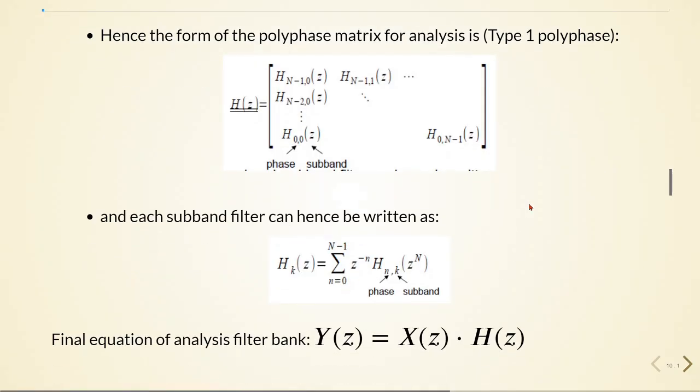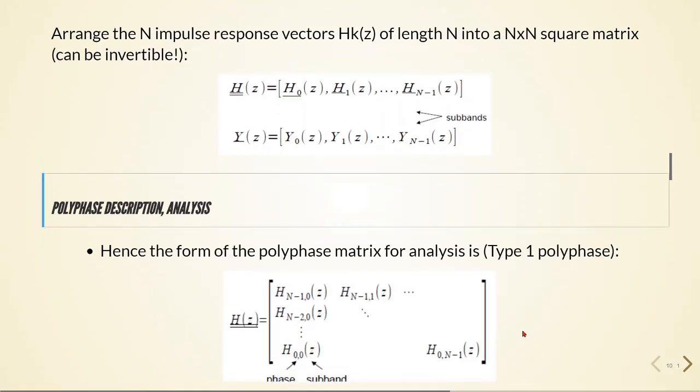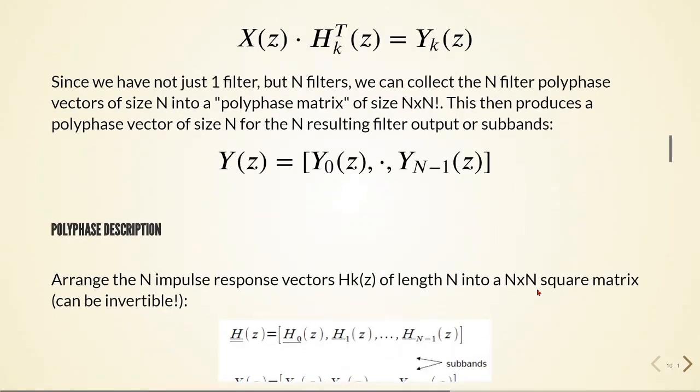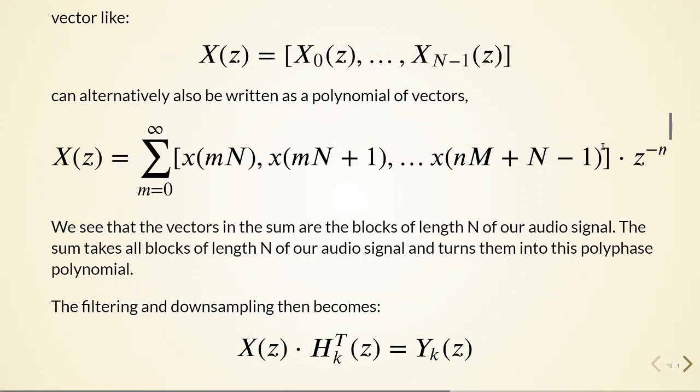So the final equation of the analysis filter bank is Y of z equals X of z times H of z. H of z is given here, and X of z is given here.